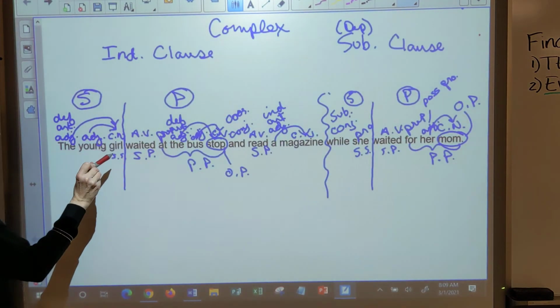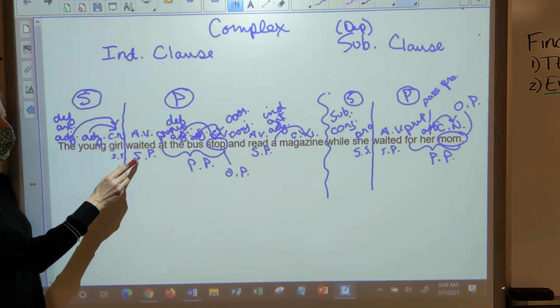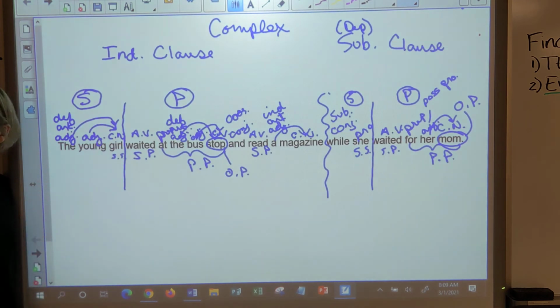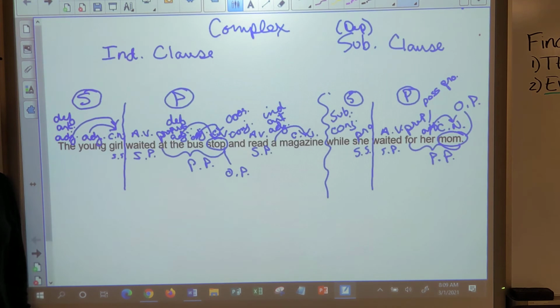So, let's look at this one. Who or what exactly did the girl wait? Stop. Is that the who or what she did, or is that the where she did it? Is that answering a who or what or a where? It's answering a where.